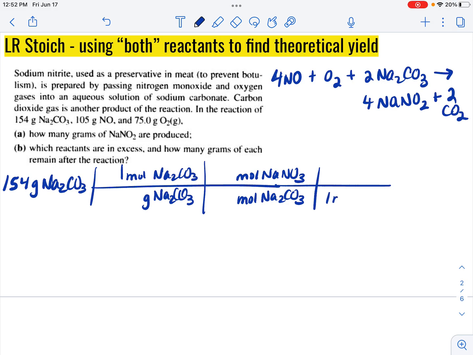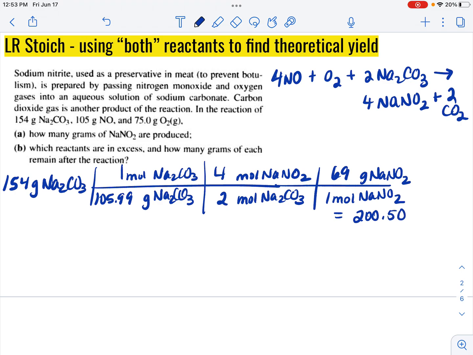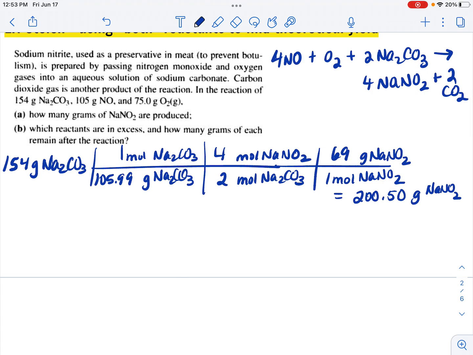But since it's always the same last thing, I'm just going to go ahead and go on to grams, which is what they asked me about. Sorry, NaNO2, not NaNO3. So when I do this from the periodic table, sodium carbonate is 105.99 grams and sodium nitrite is 69 grams, and my mole ratio is 4 NaNO2s to 2 Na2CO3s. I figure this out and discover that this could give me 200.50 grams of NaNO2. I'm not done though, I'm not worried about sig figs yet.